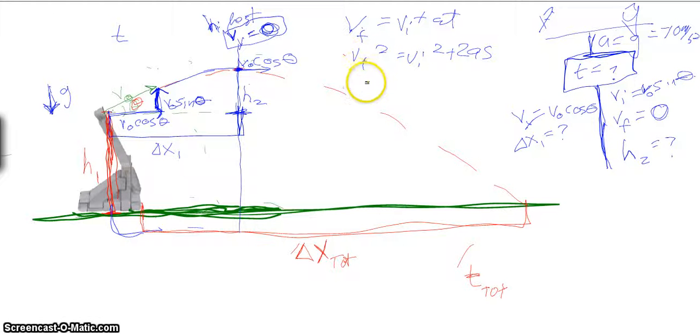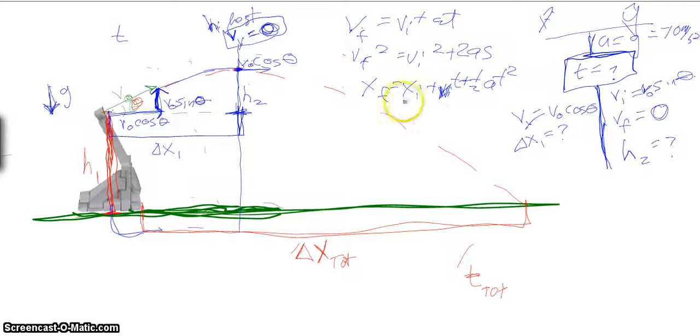Then you got x final equals x initial plus velocity initial times time plus 1/2 a t squared. That's supposed to be velocity right there. That's a v. Okay, which I'm sure you all know that.